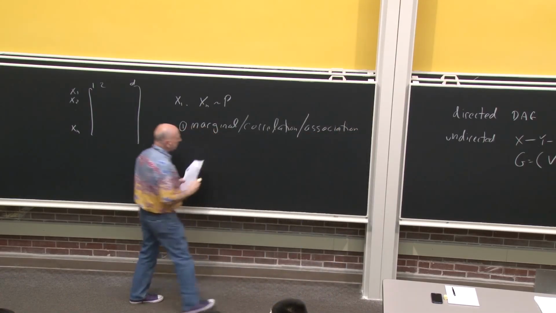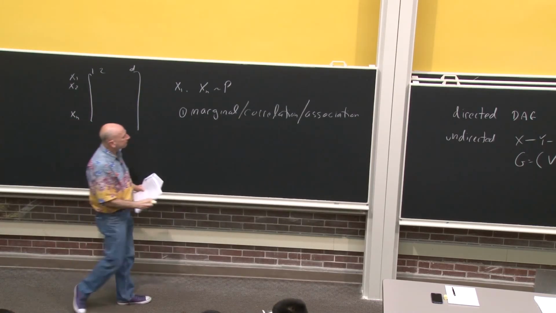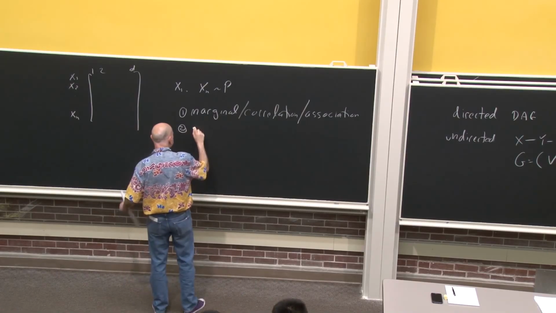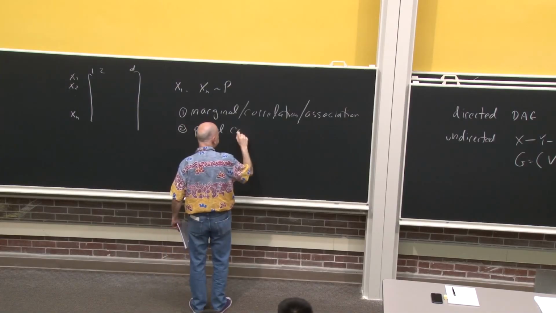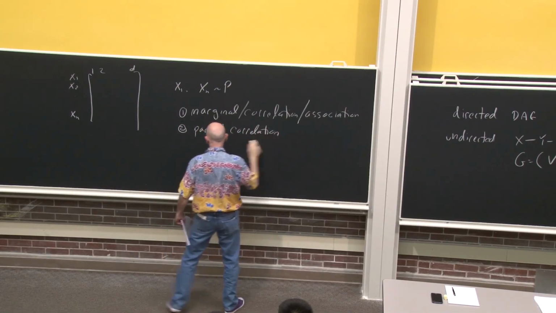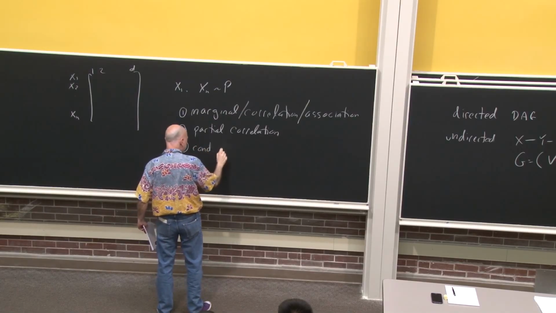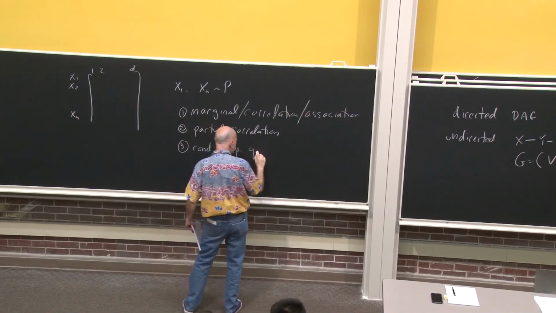And these are the easiest to estimate. So we're going to start with these graphs. Then there's partial correlation graphs. These are harder to estimate. And then finally, there's the ones that are probably the most common, which are conditional independence graphs.